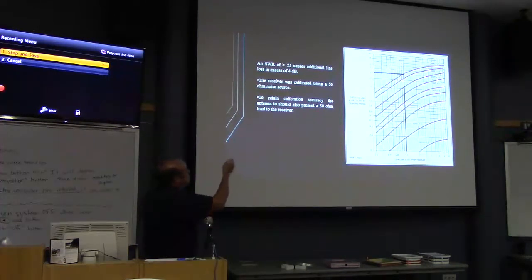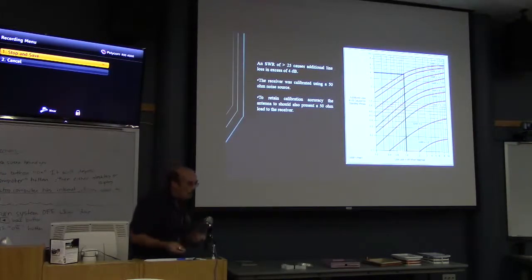And this chart doesn't go high enough for 25 to 1. But we took it up to 20 to 1. And if you come over here, that number 4 means that's the added loss to the coax. So we're now up to 5.1 dB of loss in the coax to the receiver without anything intervening between the antenna and the receiver. So you're losing a ton before it even gets there.